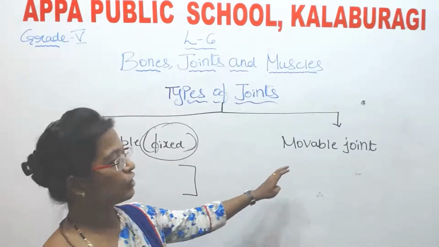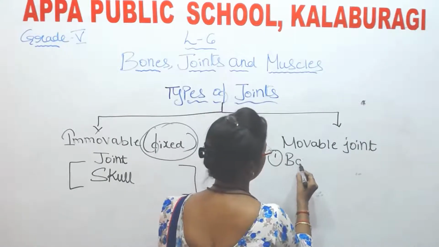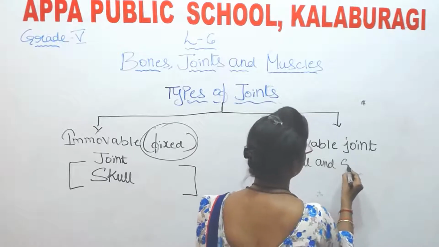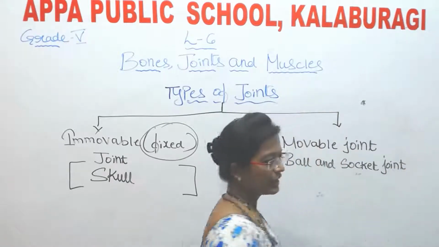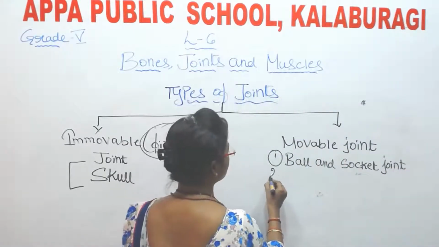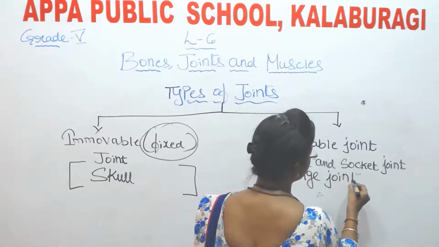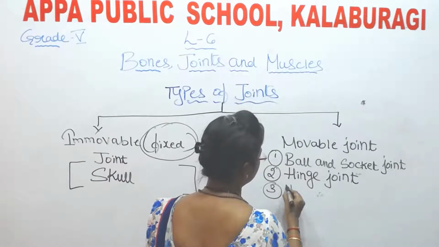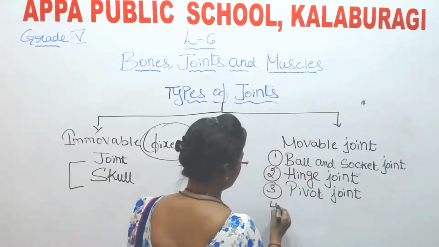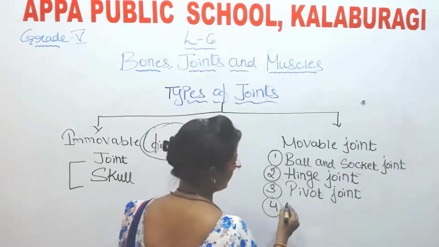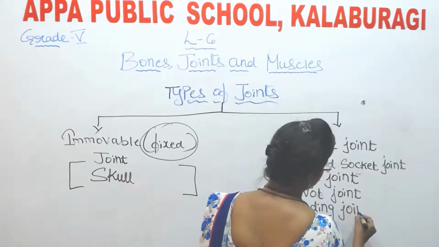Okay, so now when we talk about movable joints, there are the ball and socket joint, the hinge joint, the pivot joint, and the fourth one is the gliding joint.